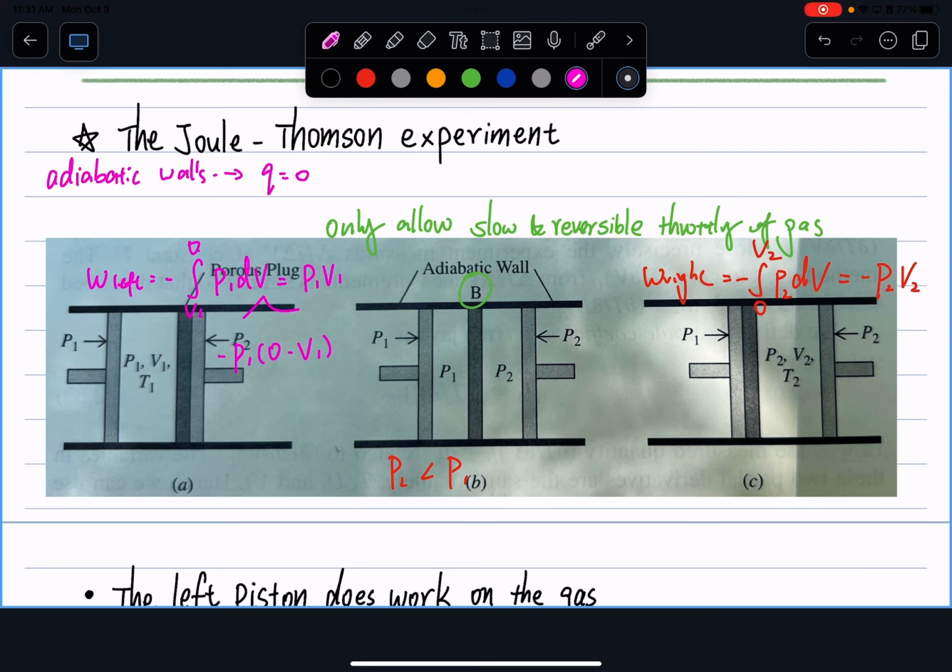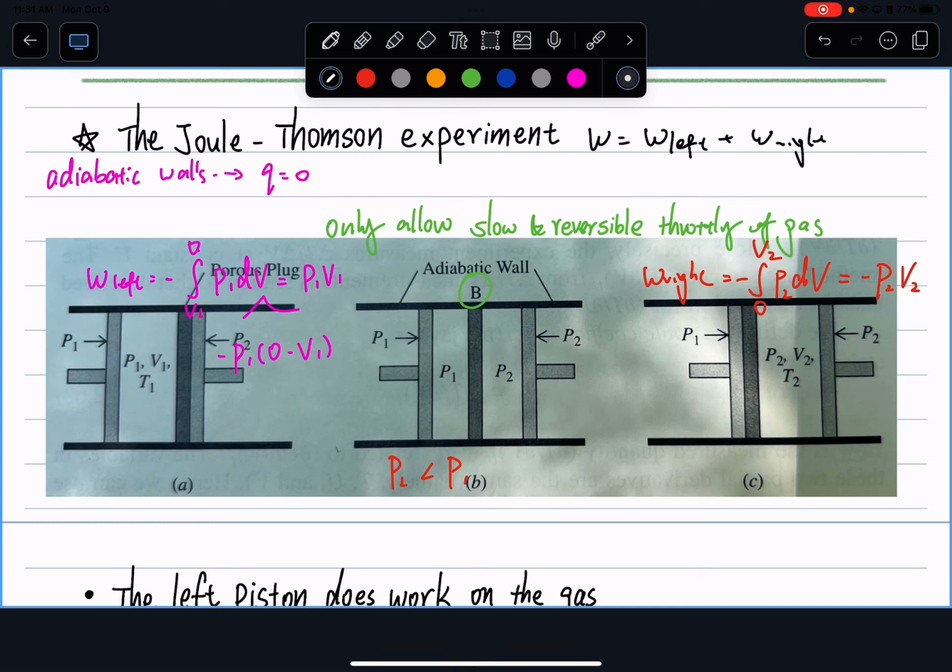So we can write out our total work being done equals work left plus work right. Let me just move to a different page, and hope everyone remembers that experimental setup. So now work equals work left plus work right.